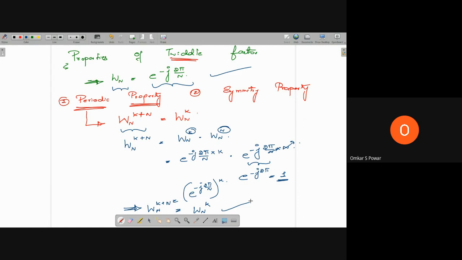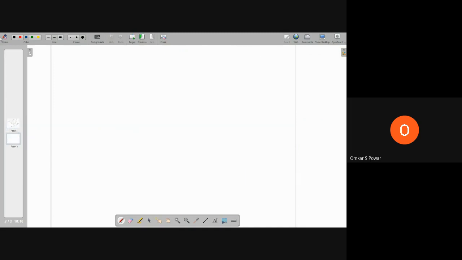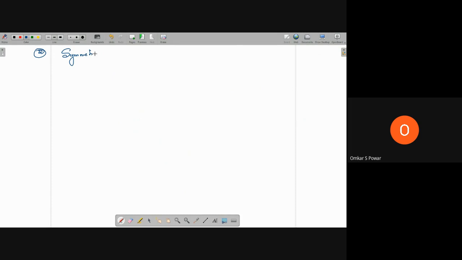So now what is the second property? Symmetry property. Let's go to the symmetry property. Okay, let me take a new sheet here. I have to prove the symmetry property of Twiddle factor.